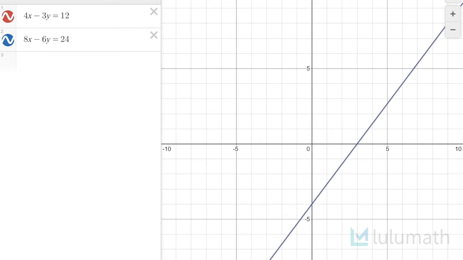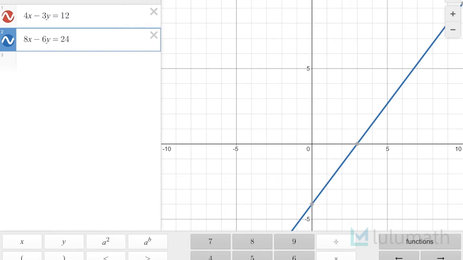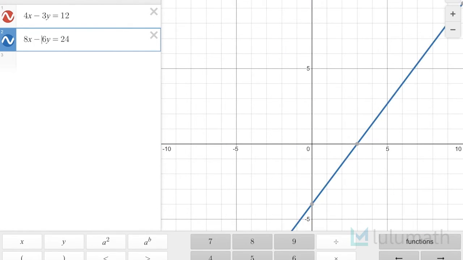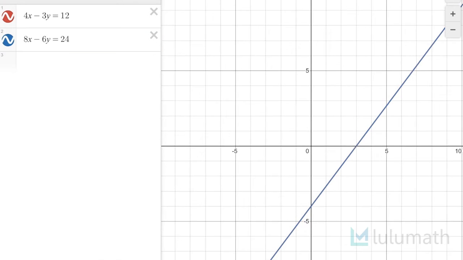Remember, whenever we have a system of equations, where the lines intersect is always our solution. So for example, I'm just going to change this to a plus 6y. They intersect at 3, 0, so that is our solution. However, it's not plus 6y, it's minus 6y, and that means that they intersect everywhere on the line. Well, a line has infinite points, right? No matter where I am on the line, there's always another point that I can look at.